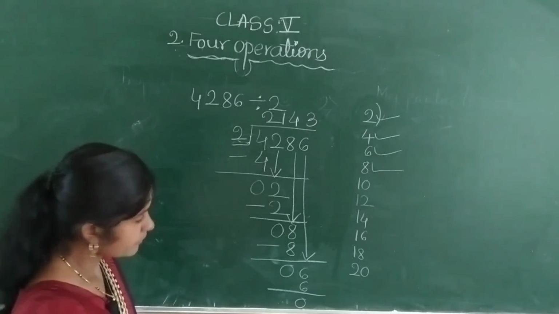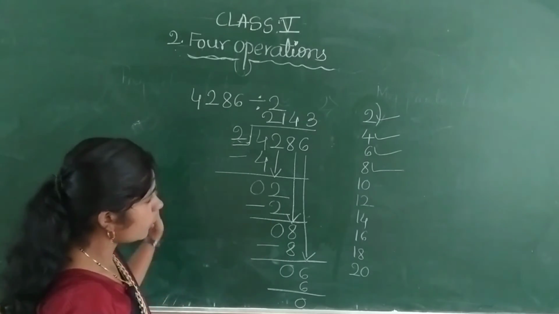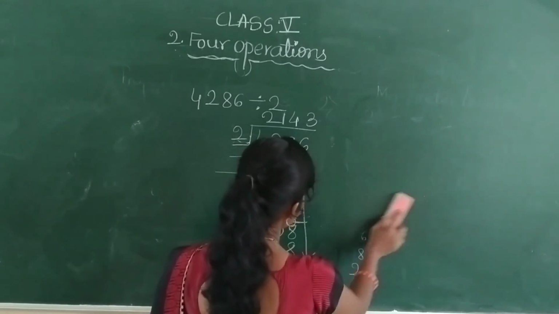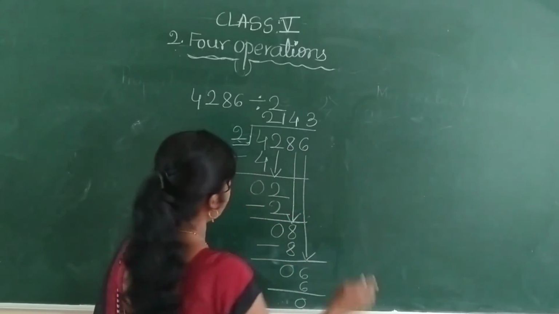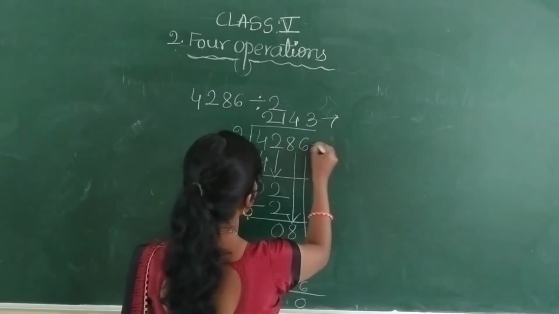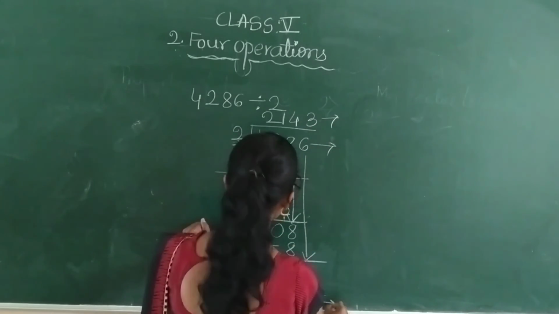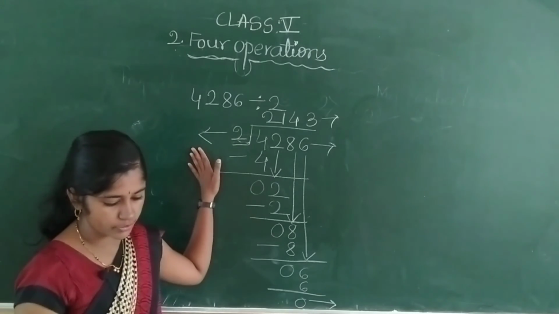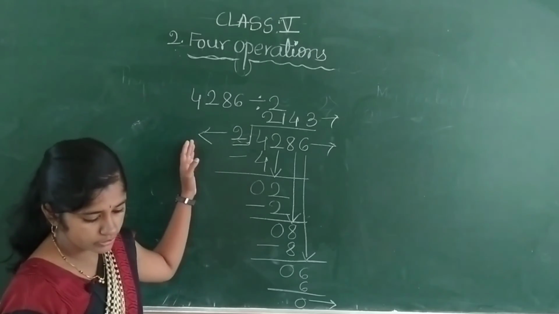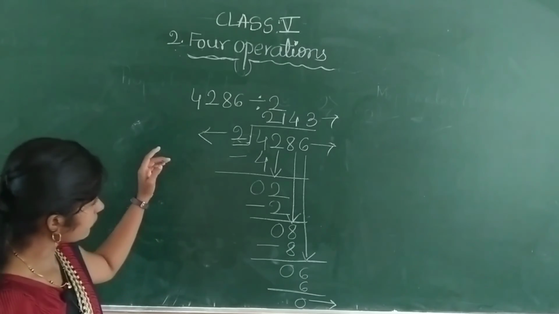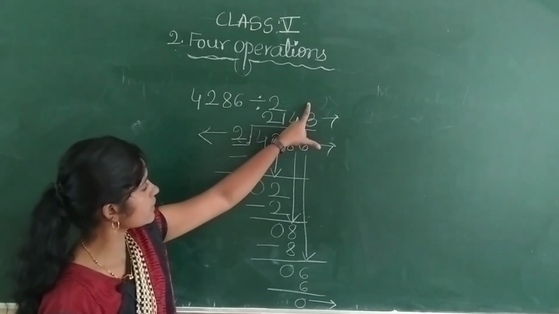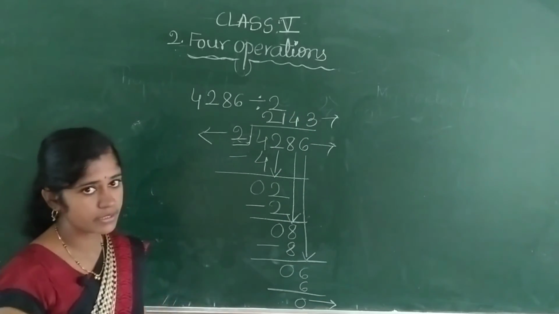See here, I have solved all the examples, isn't it? But here each term has its name. For this what are we calling? For this and this and this. Okay. So here 2 is there, no? That is the divisor. This is the dividend, this is the quotient and this is the remainder.